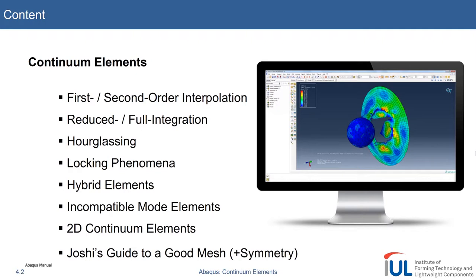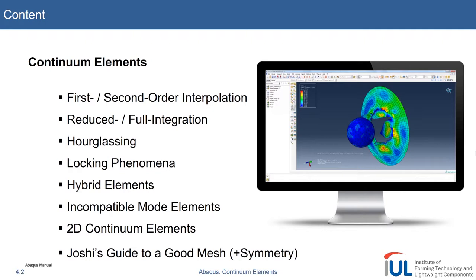For example, on the locking phenomena, on 2D continuum elements, and so on. My guide to a good mesh that I will talk about. Please see this as a help, so that in the future you can quickly get the information you need and don't have to watch videos for hours and hours after a stressful day at the university.